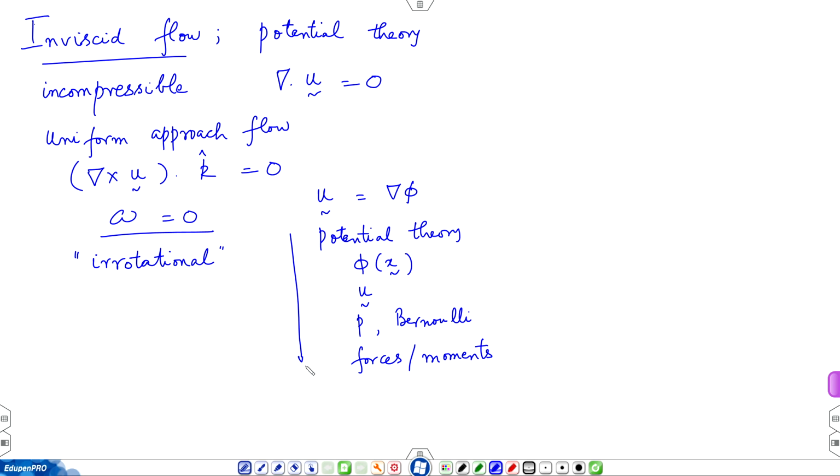So, this now becomes our analysis approach. When you solve this problem, effectively you will get the solution of Euler equations. Those are Navier-Stokes equations without the viscosity terms.